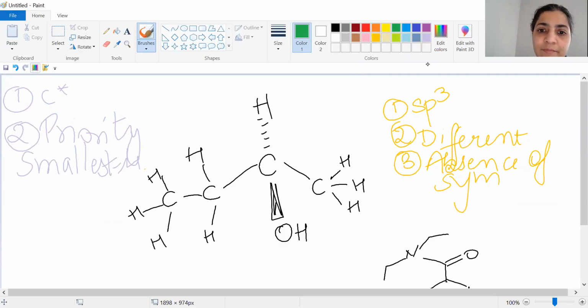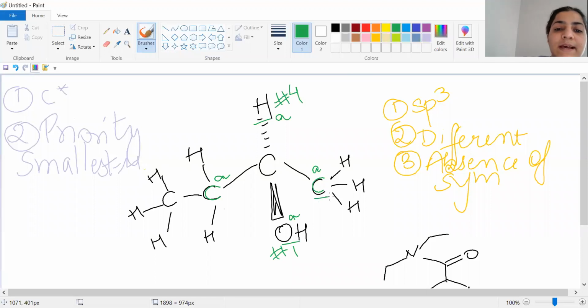Rewriting my structure here, I see that I can describe my methyl group and ethyl group in this particular fashion. So let's say that these were my first atoms which I was looking at. My atom A. I can decide from these atoms, but I cannot decide among these atoms. For this, I will have to look at the atom next to my chiral center.